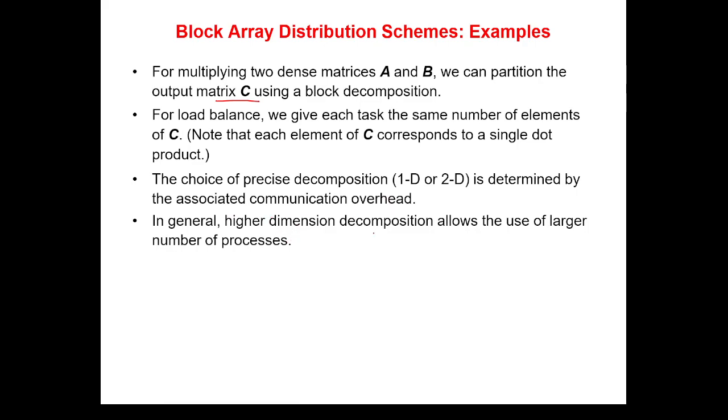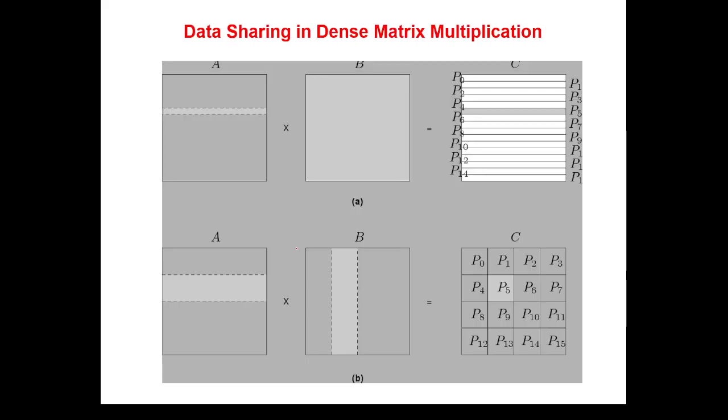Generally, higher dimension decomposition allow the use of a larger number of process. Bila you have a higher dimension of decomposition, you perlukan large number of process. Ni contoh di mana how your data is sharing in the matrix multiplication.